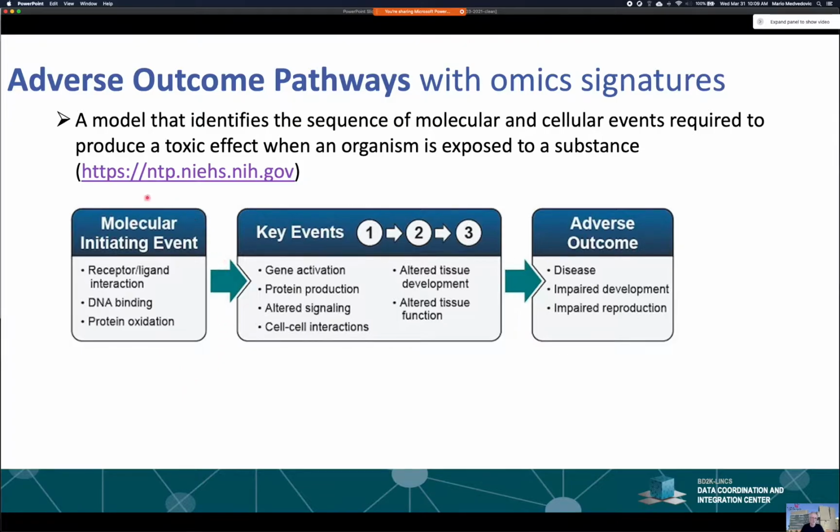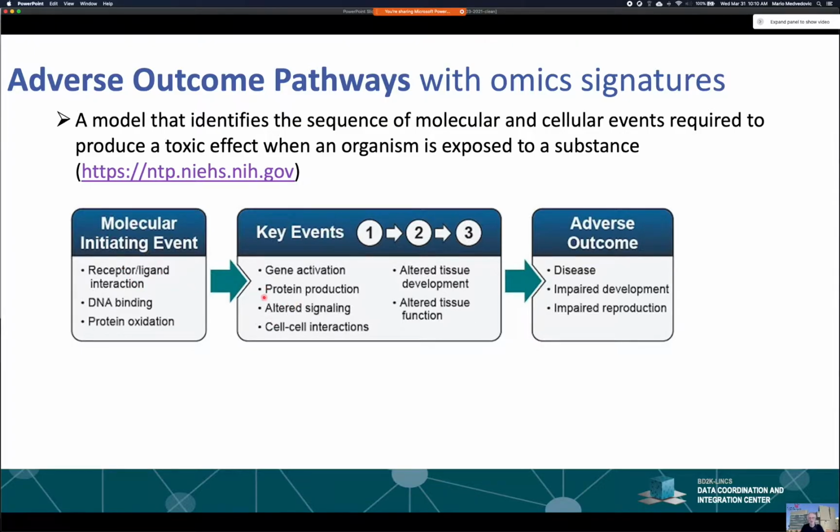So basically this model encompasses the initial molecular events by which a toxicant interacts with the biological system or a living organism, right? Which could be some kind of interaction with a protein, stimulating a receptor, binding to DNA, causing protein oxidation, or anything of that sort.